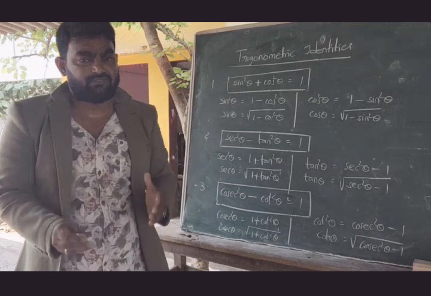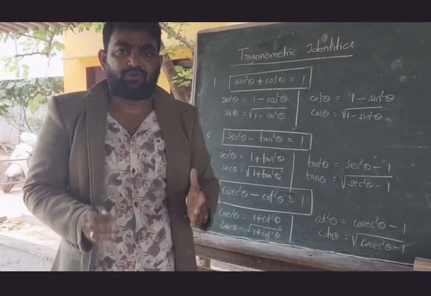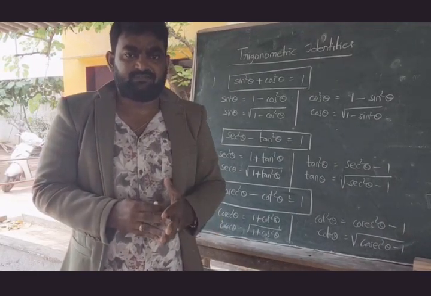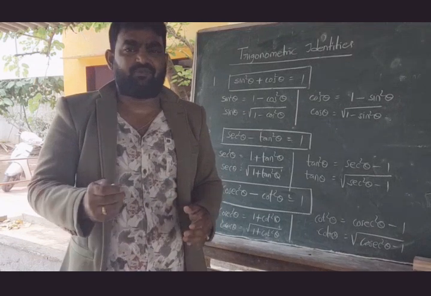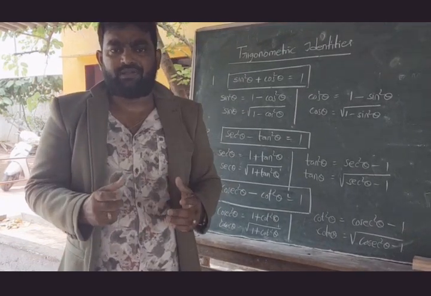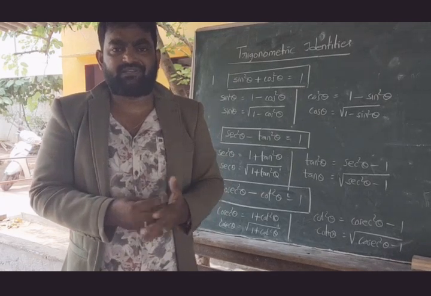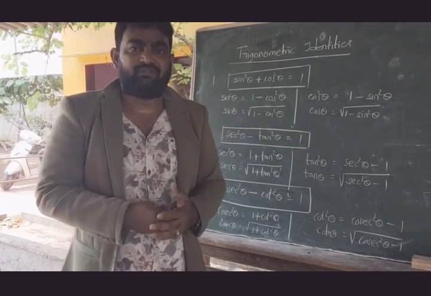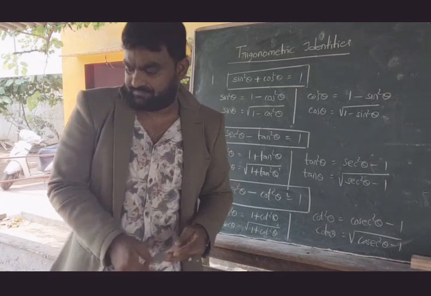Okay, so finally I want to conclude this session with Pythagoras theorem. I want to give a few suggestions. If two values are given in a right angle triangle, how to find the other value in the easiest way, I am going to tell you.